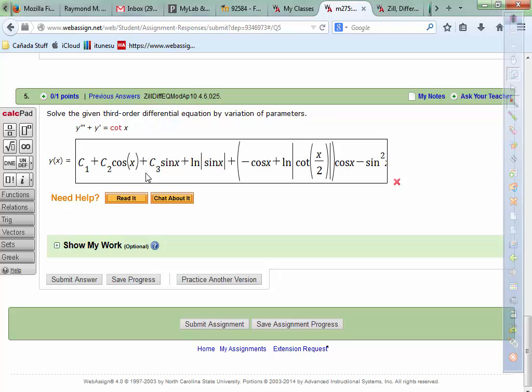Wait, isn't C1 e to the 0? It's e to the 0. No, okay, perfect. ln cotangent.